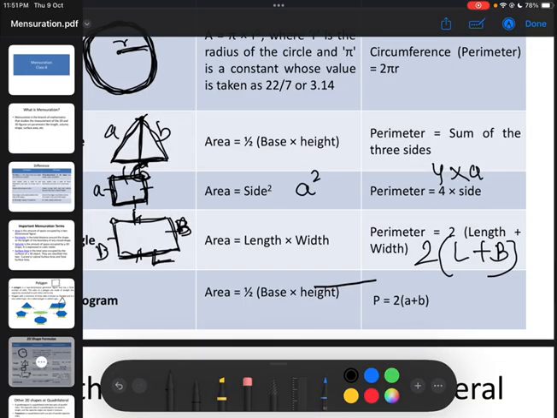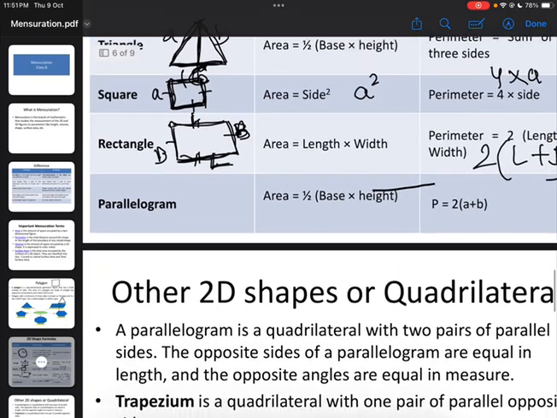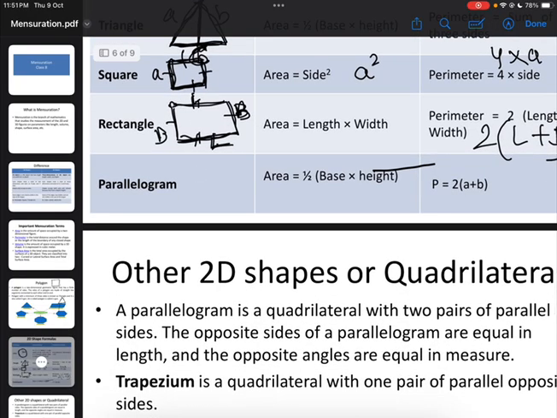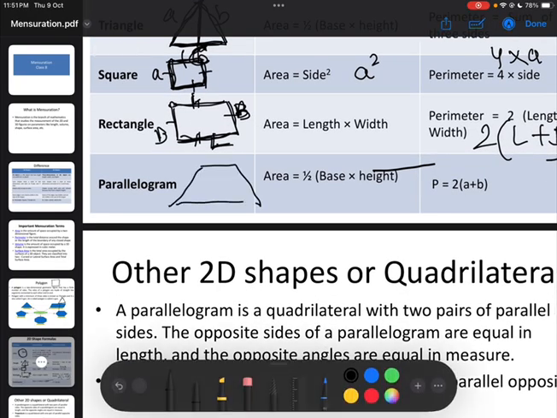Now parallelogram. Do you know the shape of a parallelogram? Yes, the parallelogram has opposite sides parallel. Then the area of the parallelogram is base into height. This is height and this is base.